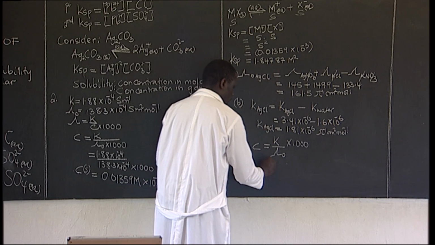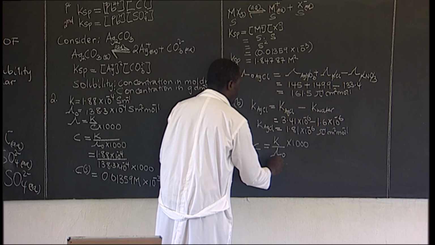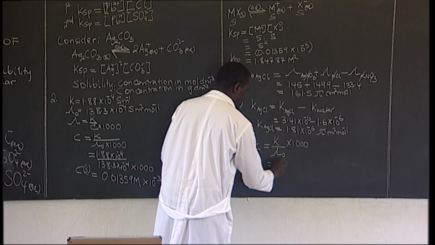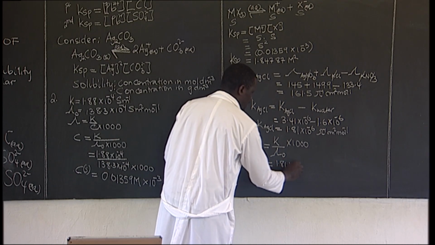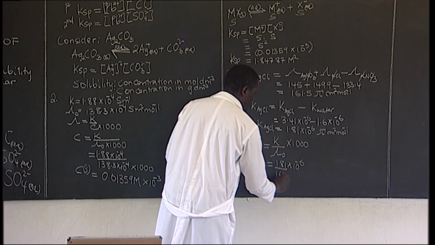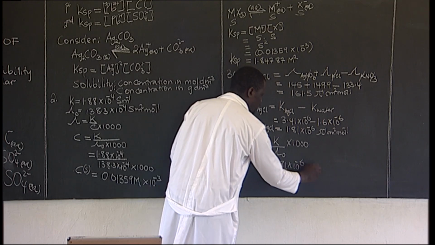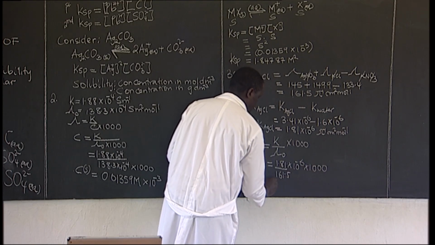So we continue here. We have our K, 1.81 times 10 to the power negative 6, divided by 161.5 times 1,000. Let me not forget this 1,000 this time.